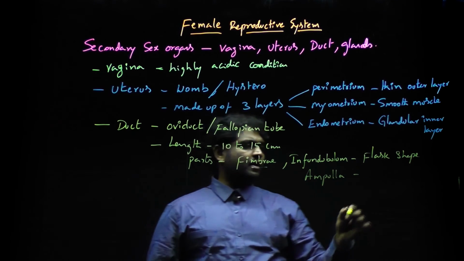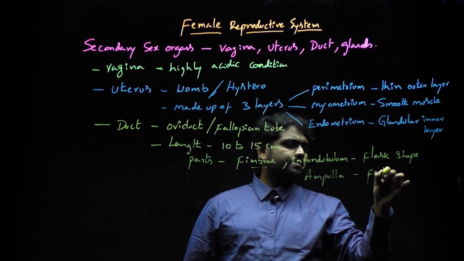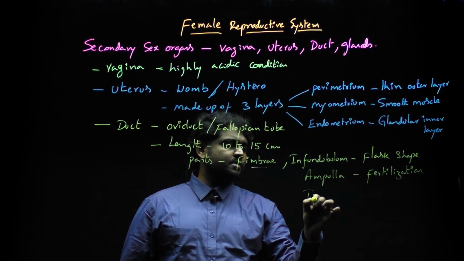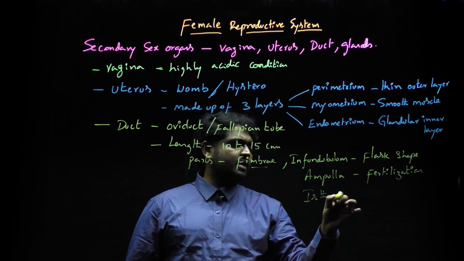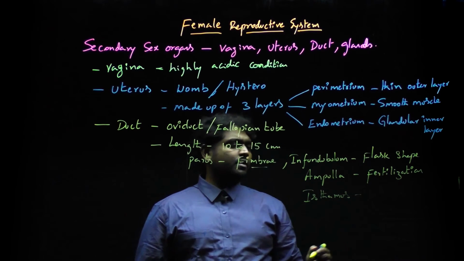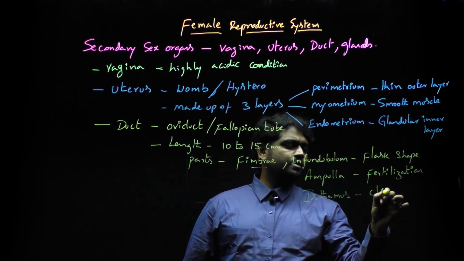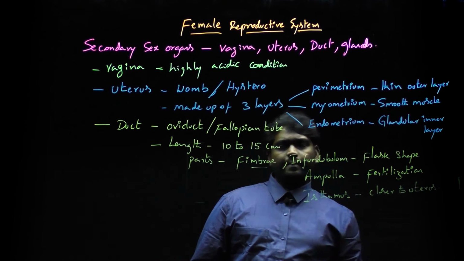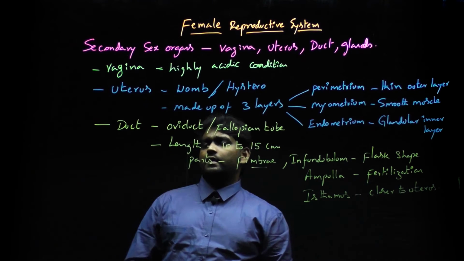Here mostly the fertilization happens. Next is the isthmus, which is narrow and closer to the uterus. So these are the secondary structures.